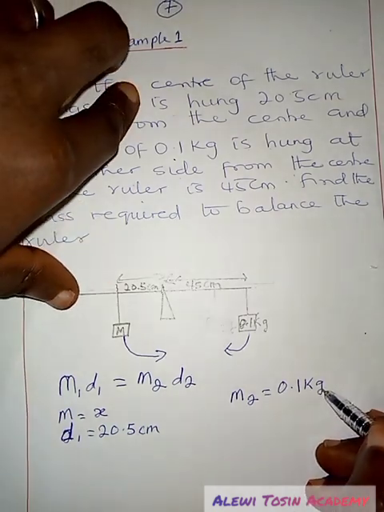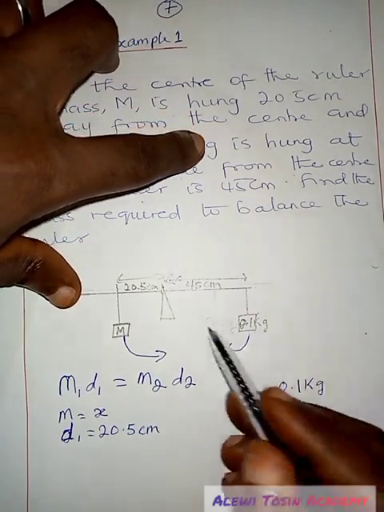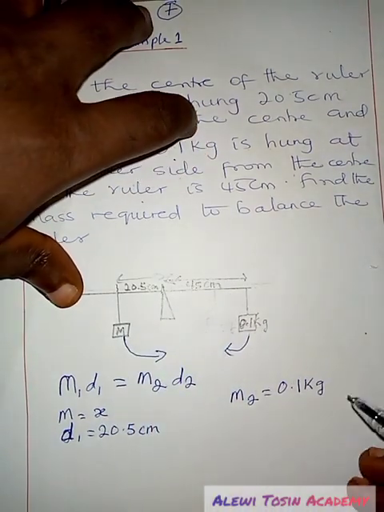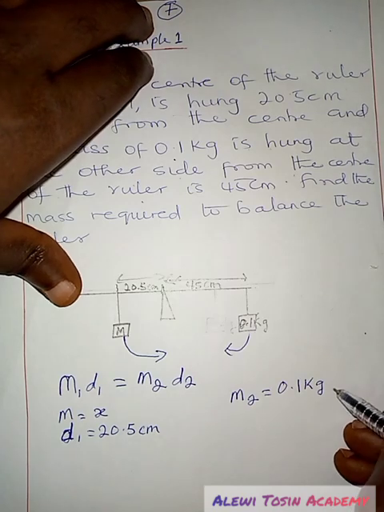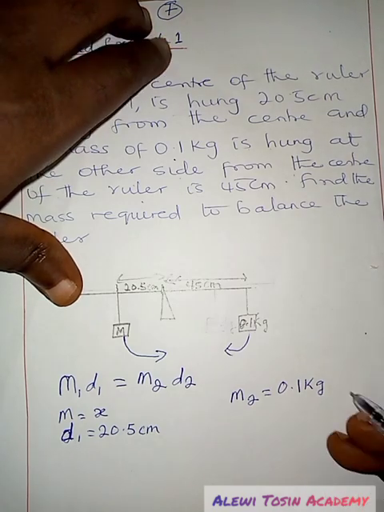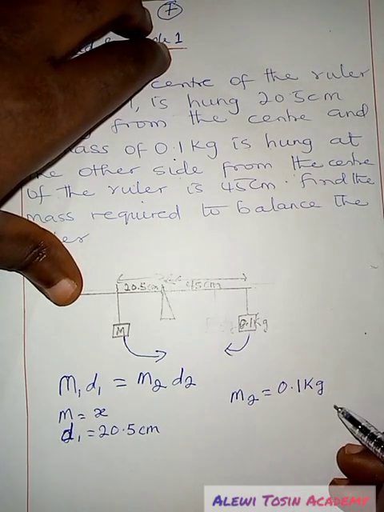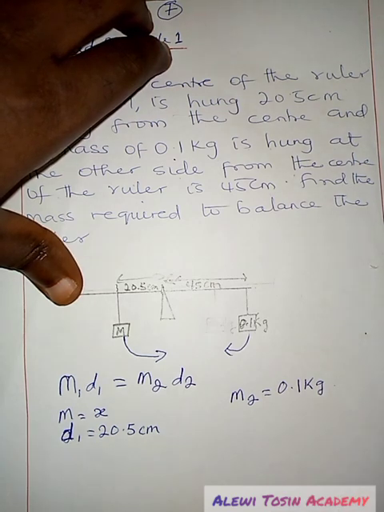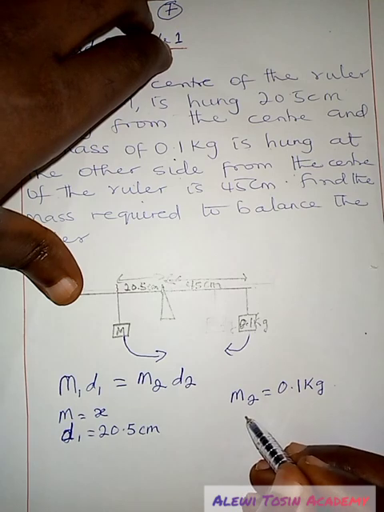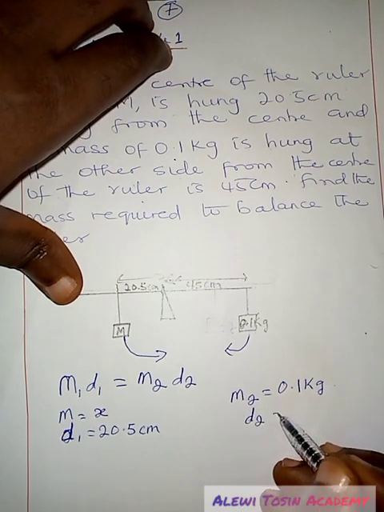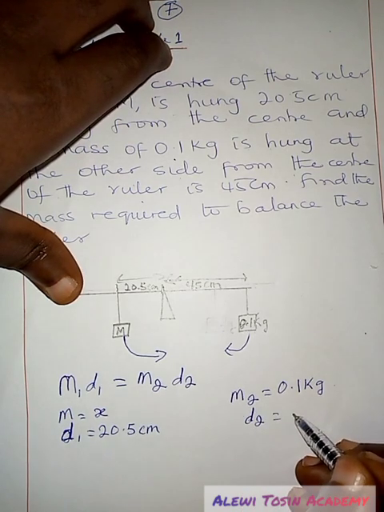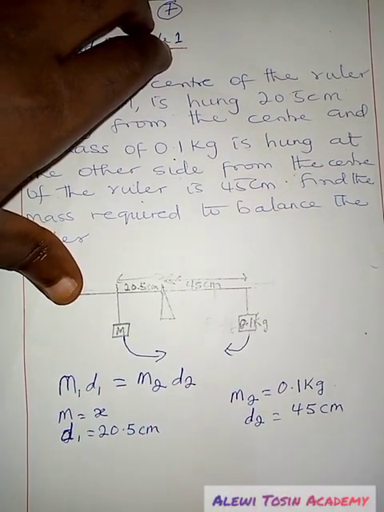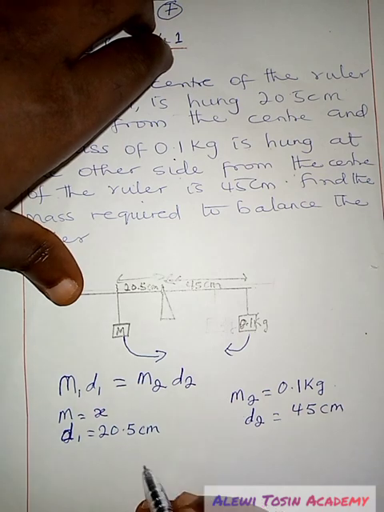We could convert this to gram, depending on the option given if it's an objective question, but normally this is the SI unit for mass, so let's leave it this way. And our D2 will be 45 centimeters, right?